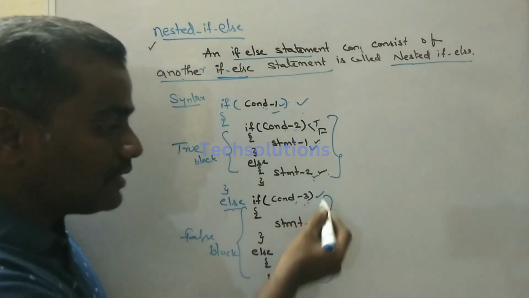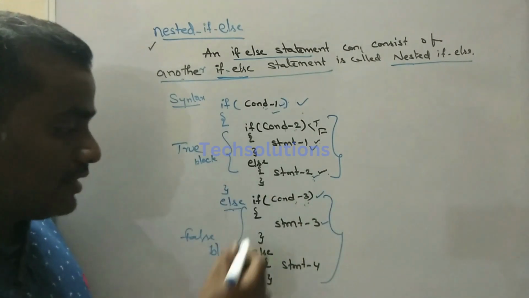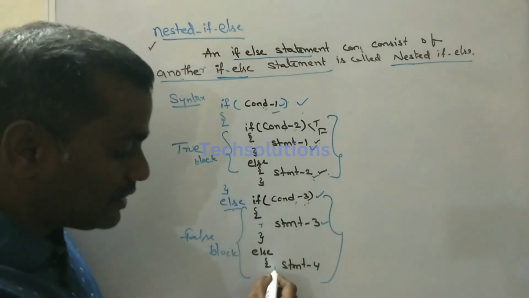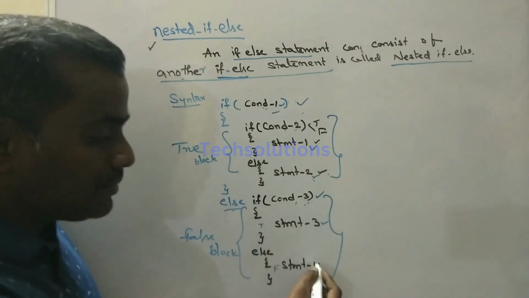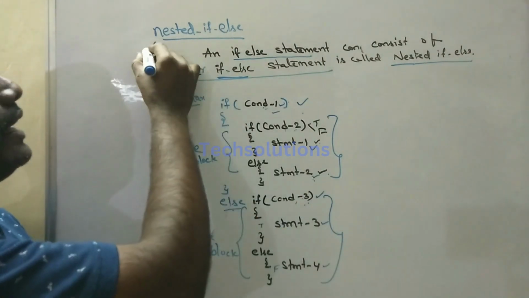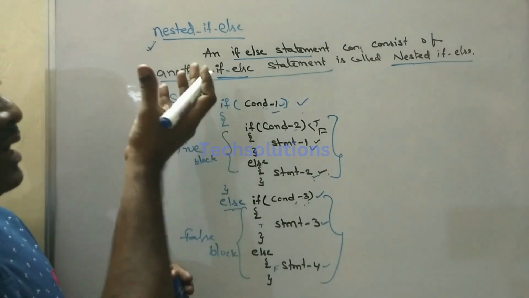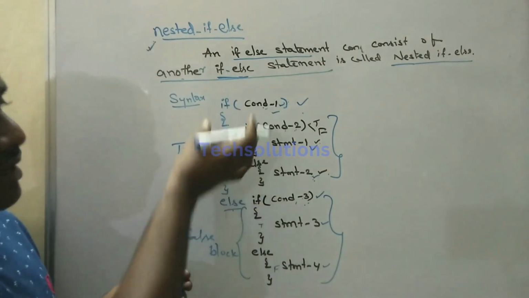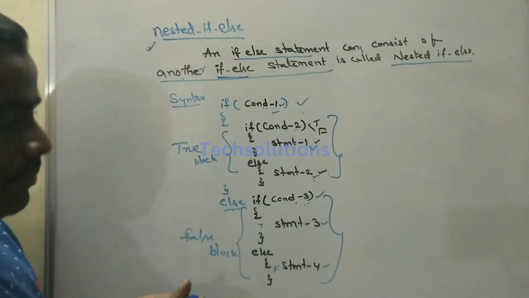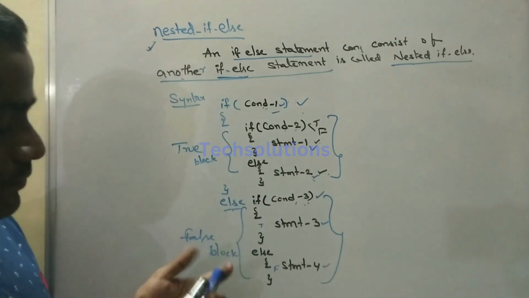If it is true, I execute statement 3. For this if statement that is the true block, and for this if statement it is the false block. If it is false, I execute the statement. This is the syntax for nested if else: an if else statement can consist of another if else statement is called a nested if else. Now we can simply see the flow chart.